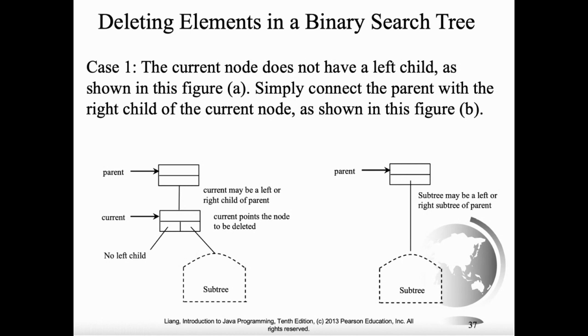If it doesn't, it's a very simple case: you just take current dot right and assign it to the parent, either left or right. So that's case one. It can have a situation where the element you're trying to remove is the left child of the parent or the right child of the parent, so it has basically case 1A and case 1B. We're going to see some examples of it.